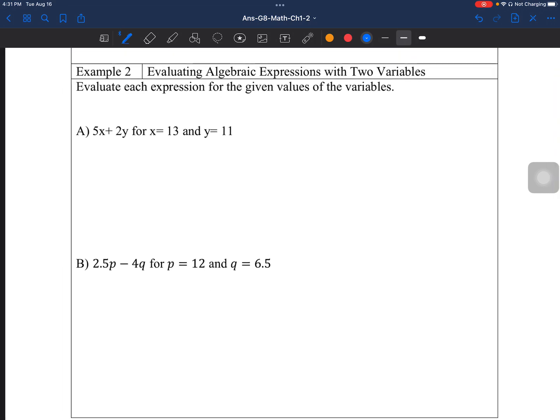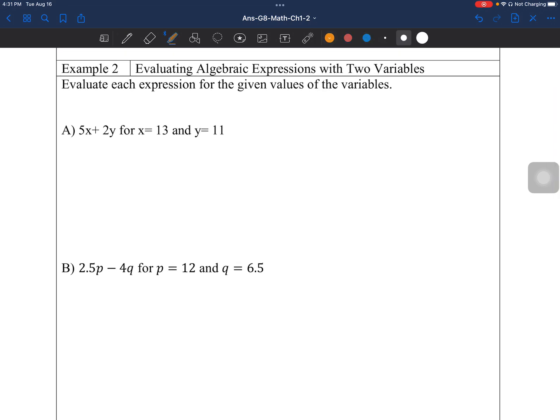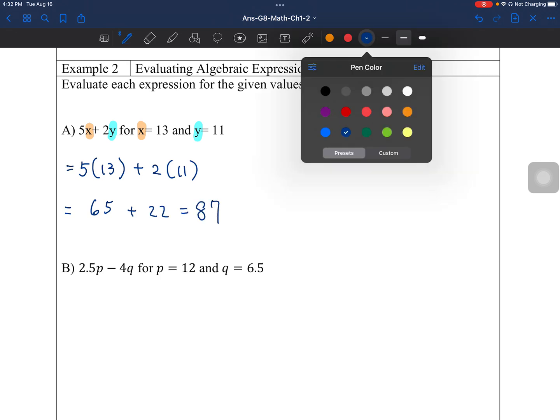Now I want to evaluate when x equals 13, y equals 11. So here we go: 5 times 13 is 65, plus 2 times 11 is 22, which is 87.